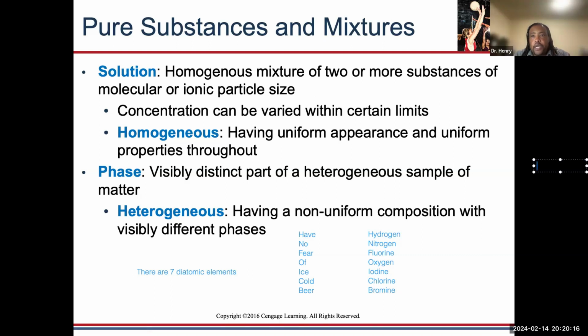Okay. Now the symbols that we would write them. This would be H2. Nitrogen is going to be N2. Fluorine is going to be F2. Oxygen is going to be O2. And iodine is going to be I2.